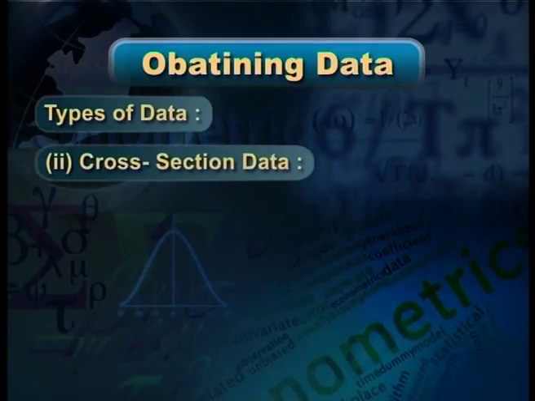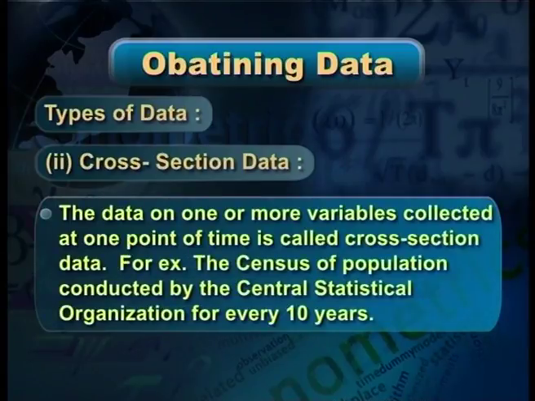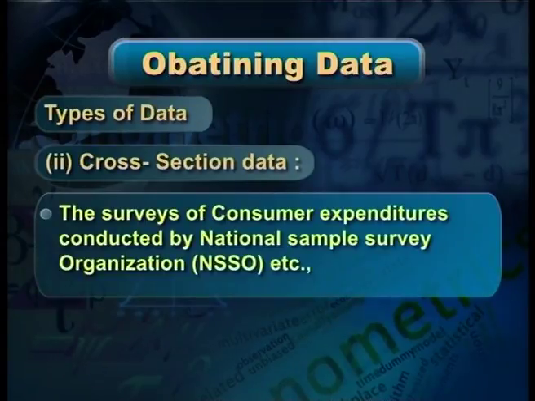Then next, cross section data. Data on one or more variables collected at one point of time is called cross section data. For example, the census of population conducted by the Central Statistical Organization every 10 years, and the surveys of consumer expenditure conducted by the National Sample Survey Organization, NSSO. Here, at one particular point of time, say in 2001 the Central Statistical Organization conducted census data, and in 2011 also.